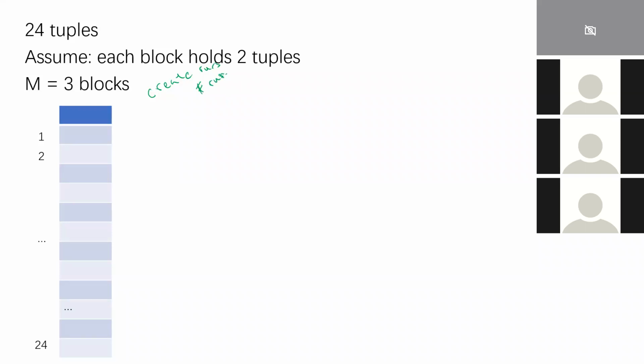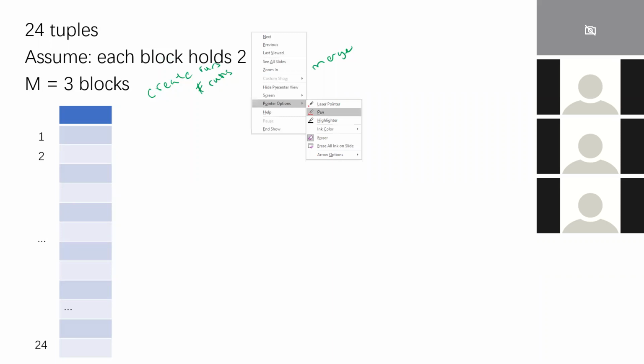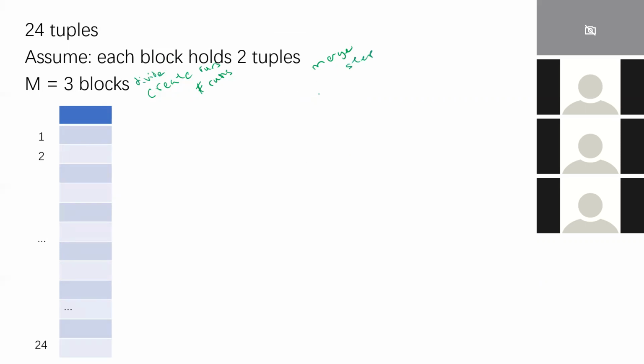Then this is the divide step. And then in the merge step, how the different runs are being merged.